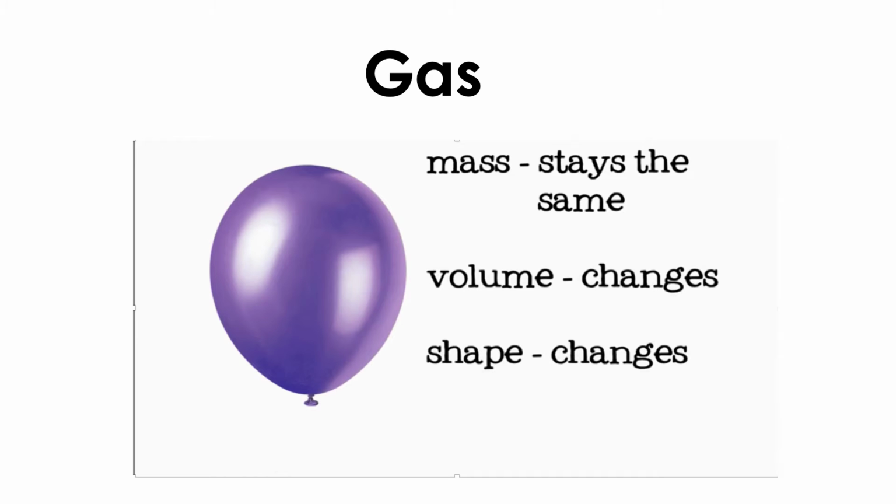Now, gas mass stays the same, but volume and shape change. Okay, so that is the gas matter, kids, that only the mass stays the same, but volume and shape will change.